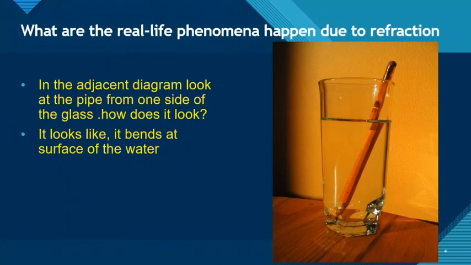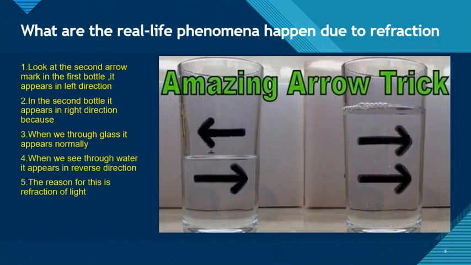What are the real life phenomena that happen due to refraction? In the adjacent diagram, look at the pipe or pencil from one side of the glass. How does it look? It looks like it bends at the surface of the water. Look at the second arrow mark.